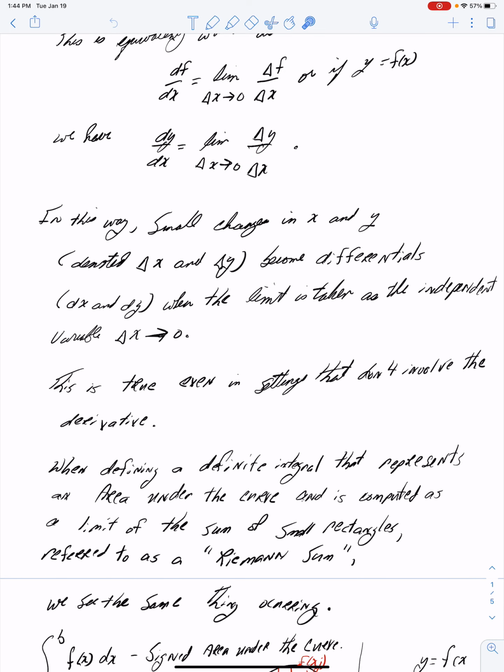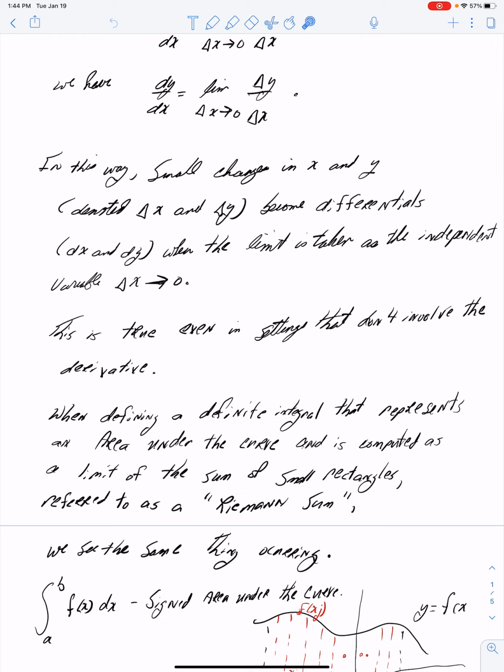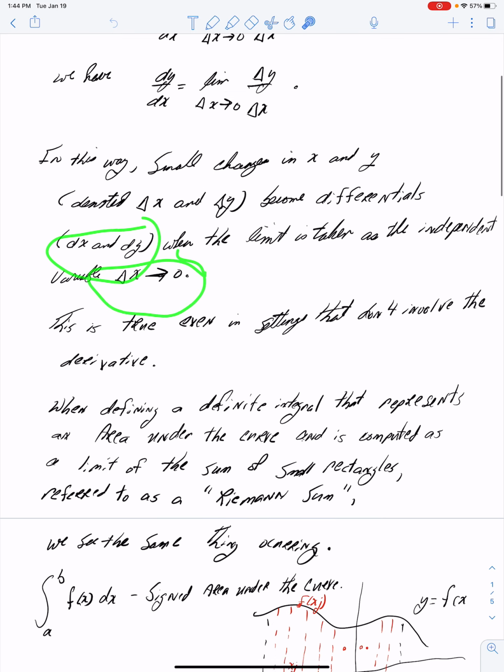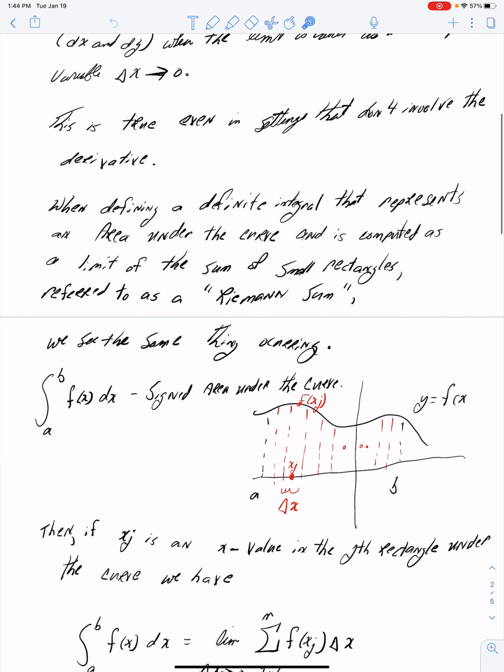Coincidence? No. So in other words, delta y and delta x in the limit can be thought of as dy and dx.